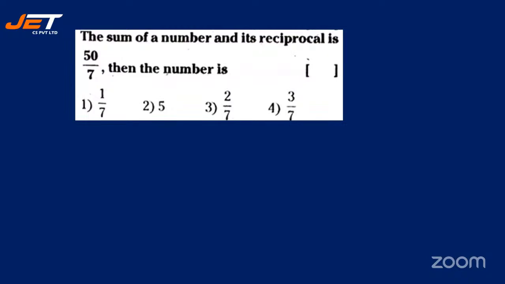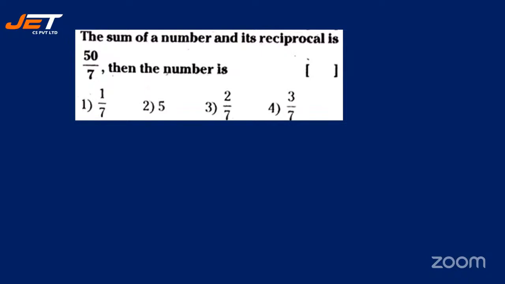The sum of a number and its reciprocal is 50 by 7. Then what is the number? So x plus 1 by x is equal to 50 by 7.